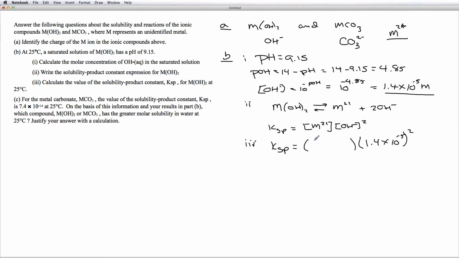So I can take this number, 1.4 times 10 to the minus 5th, and divide that by 2 to find the value for the M2+. So if I calculate all of that, getting my calculator out, I get a Ksp of 1.4 times 10 to the minus 15th power.